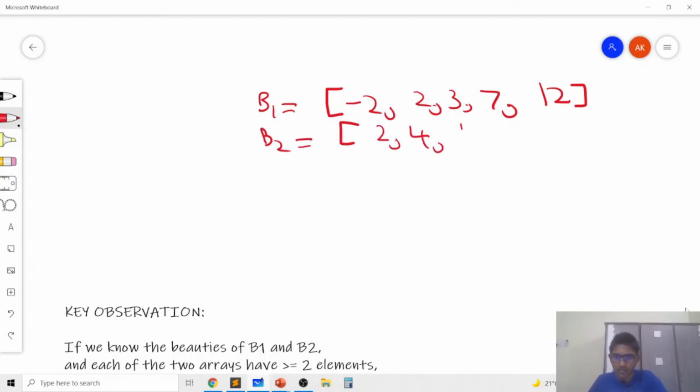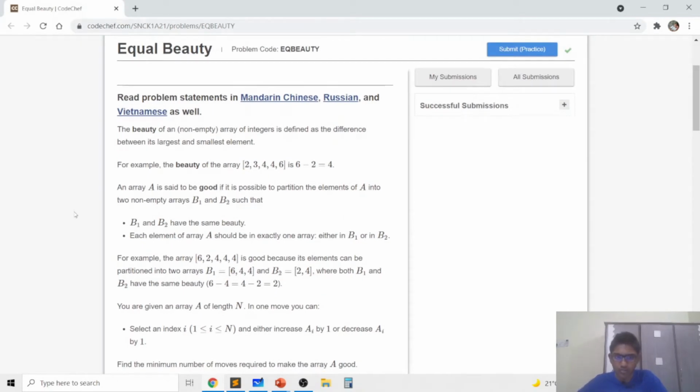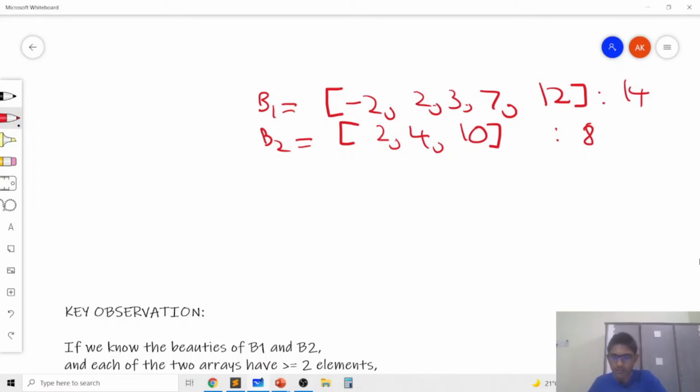and we know that the beauty of B1 is 12 minus -2, which is 14, and beauty of B2 is 8. Then the key idea is that in order to make B1 and B2 have the same beauty, we will choose a particular number. We will choose the largest or the smallest number and increase or decrease that number respectively.